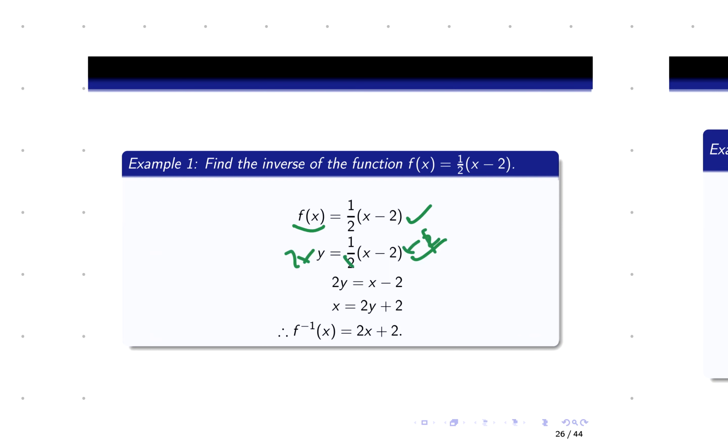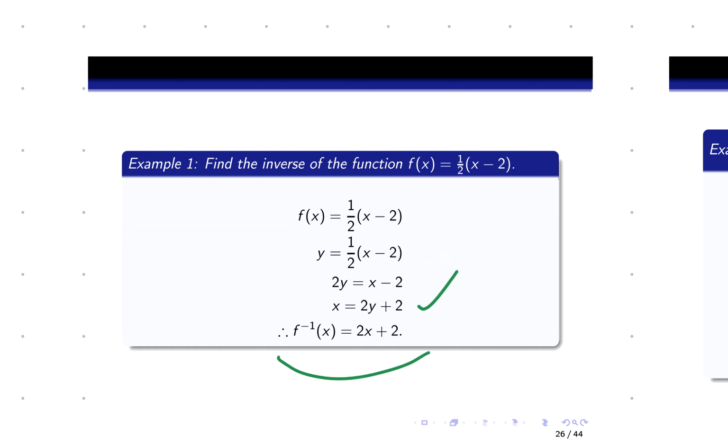Since you have 2y equals x minus 2, we want to make x the subject, so you can transfer the 2 to the other side. That is 2y plus 2, and that's why this line is x equals 2y plus 2. Once you have succeeded in making x the subject of the formula, you can say, therefore, f inverse of x is 2x plus 2.